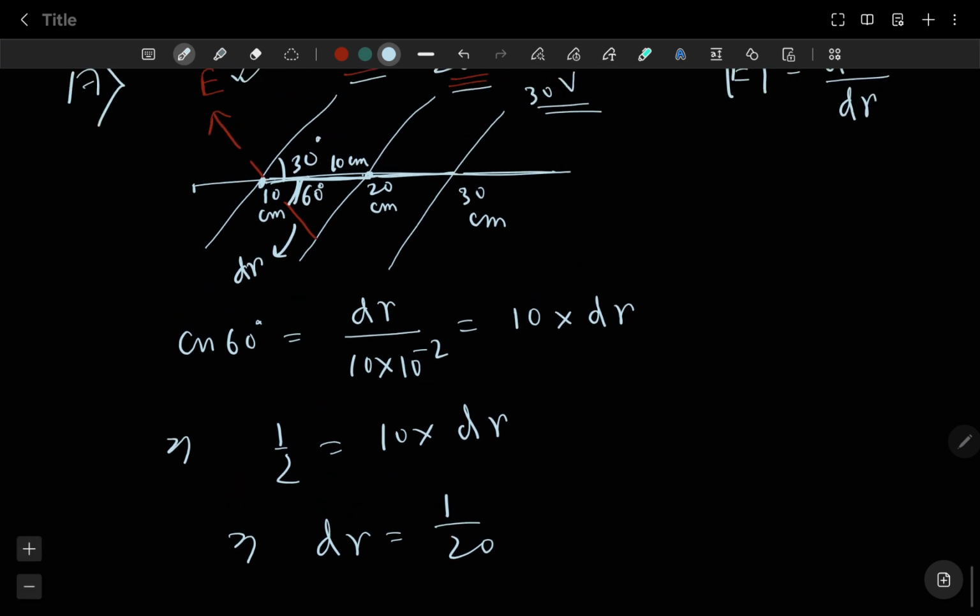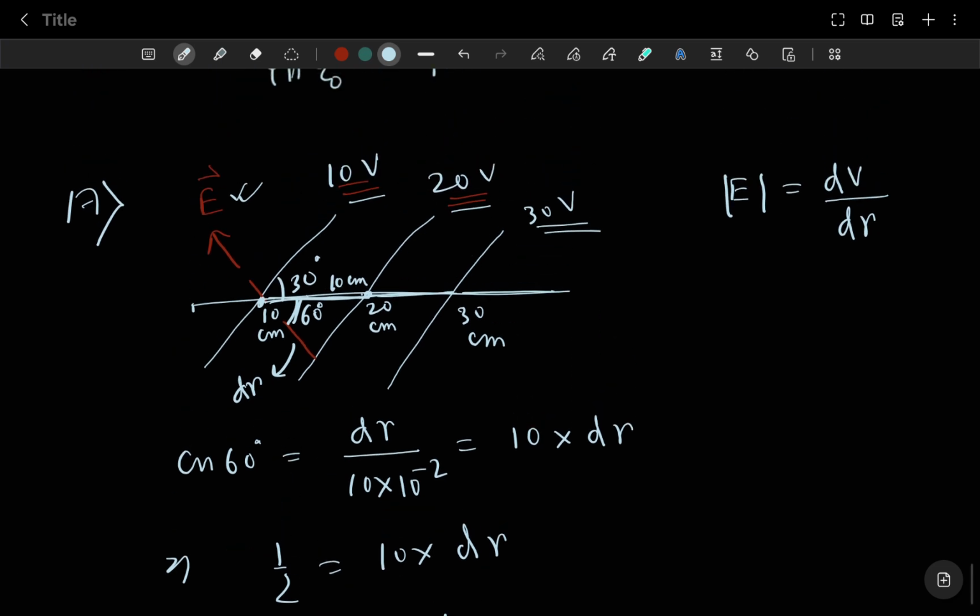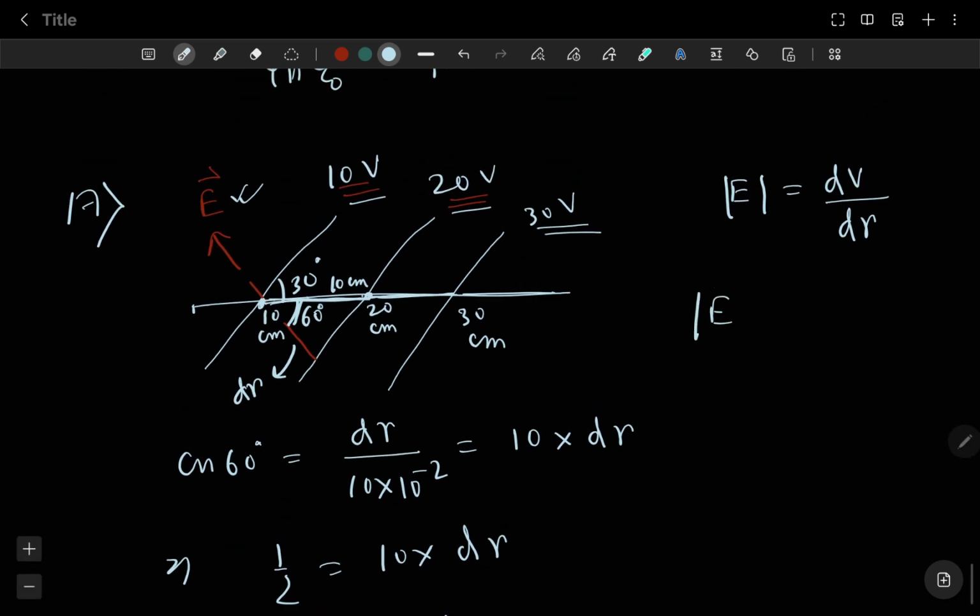Now the magnitude of electric field will be dV by dr. What is dV? The change of potential between two equipotential surfaces is 20 minus 10.